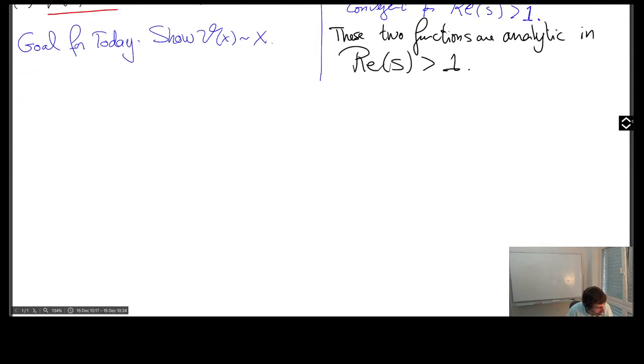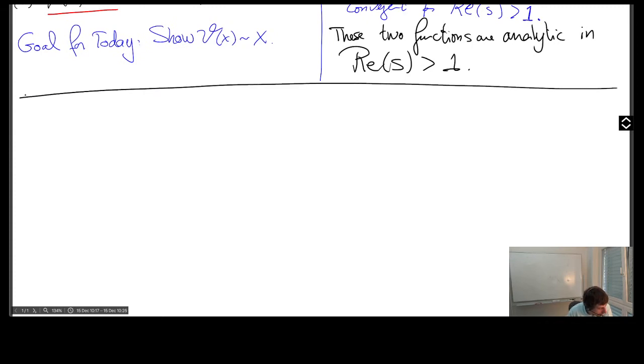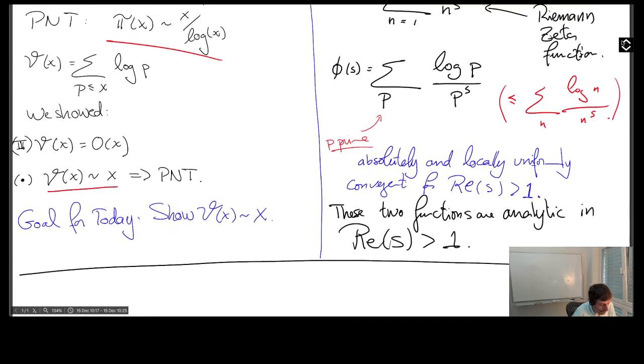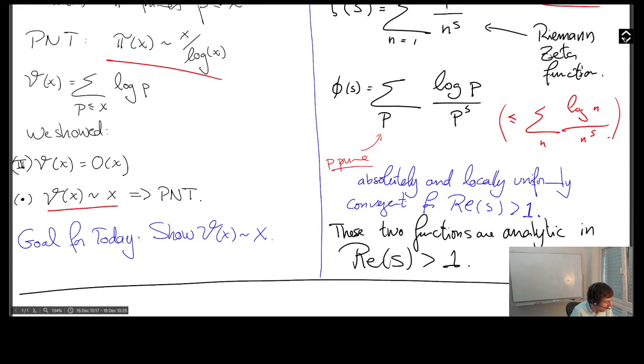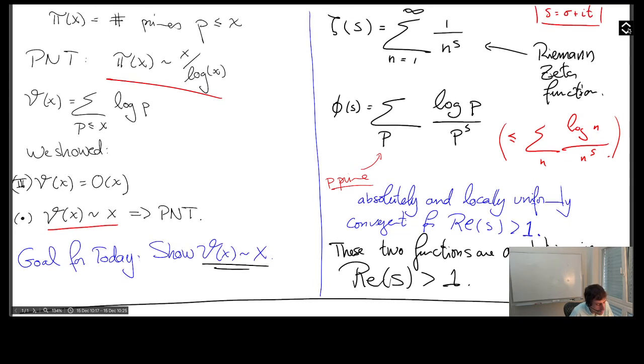There are going to be many ingredients to this. Our goal is to prove that Vx grows as x. And the way we're going to do this is via complex analytic methods. We're going to start by showing properties about the Riemann zeta function.